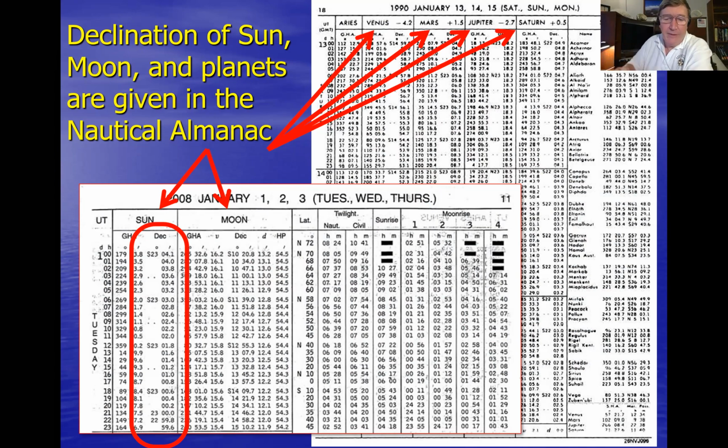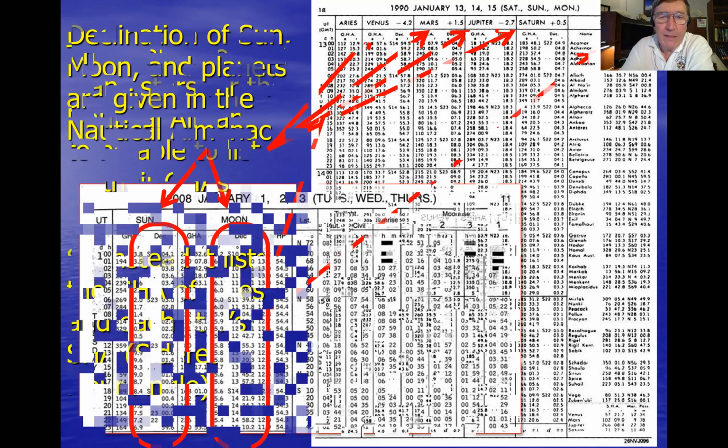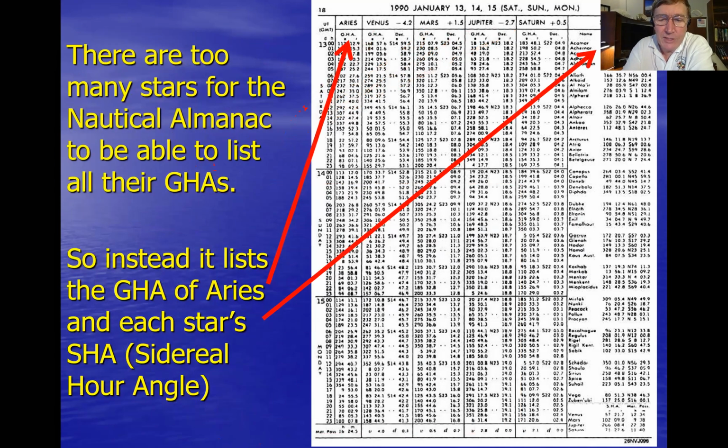The moon works the same way. Over right here is where you look to find the declination of the moon. You can see that it also changes appreciably over the period of 3 days, but not horribly, maybe plus or minus a degree or two. And for the planets, it works the same way. Let me go back up here.